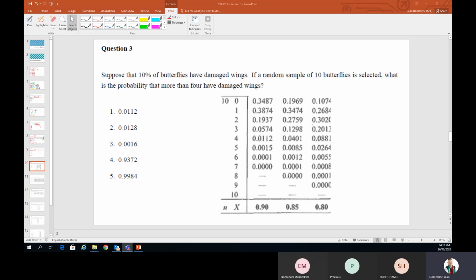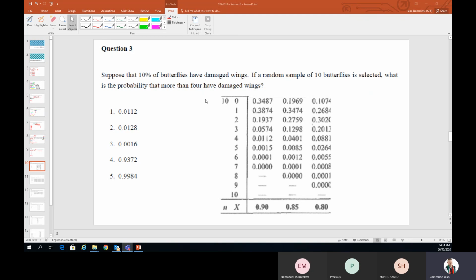Okay, hi guys. So basically, what we are busy with is the binomial distribution, and then after that the Poisson distribution.